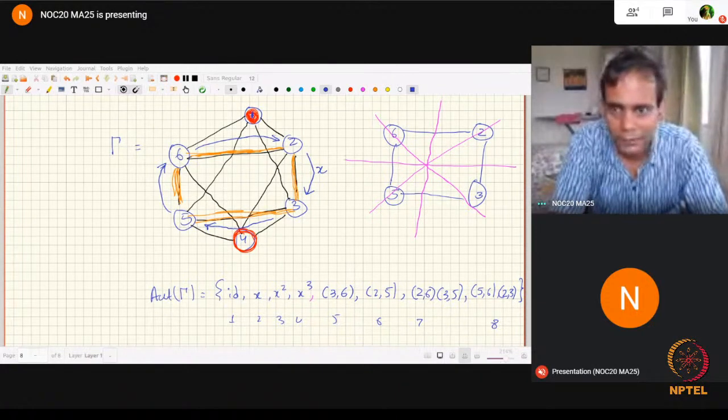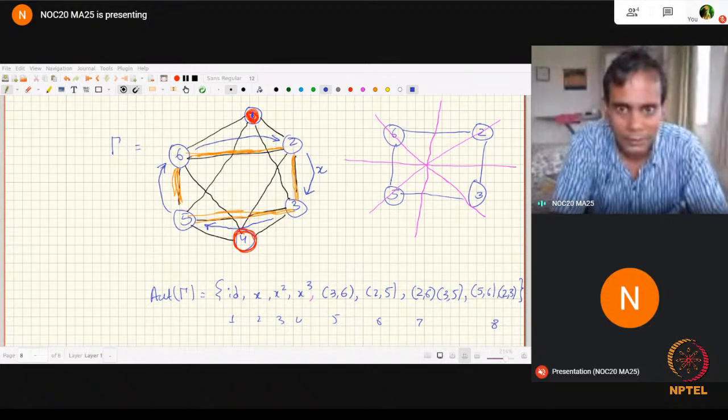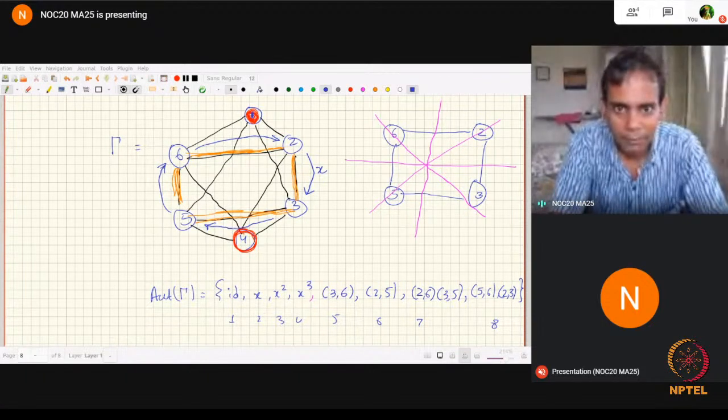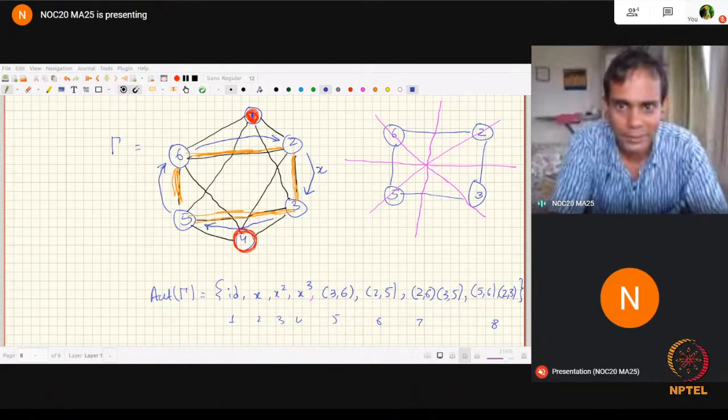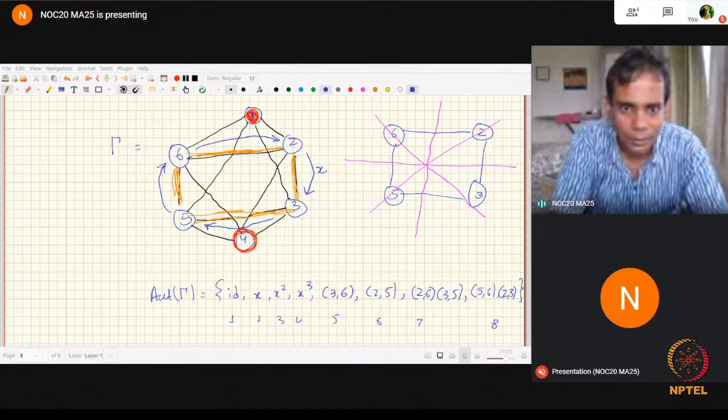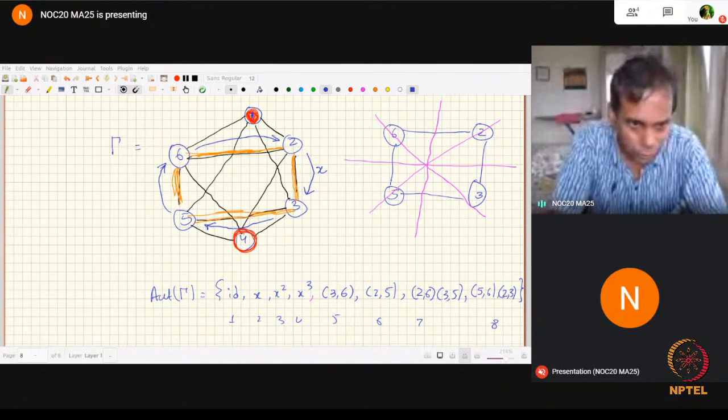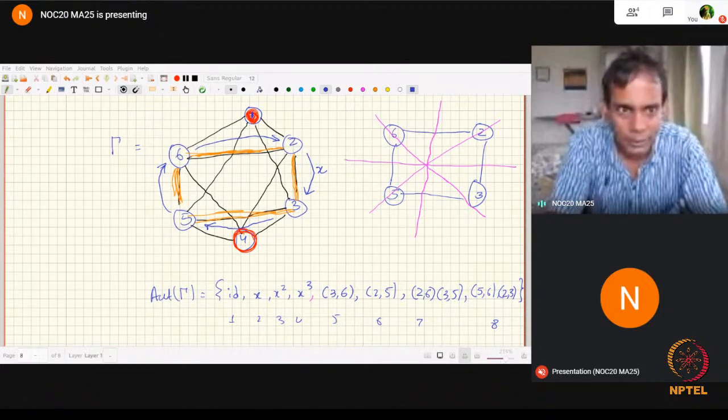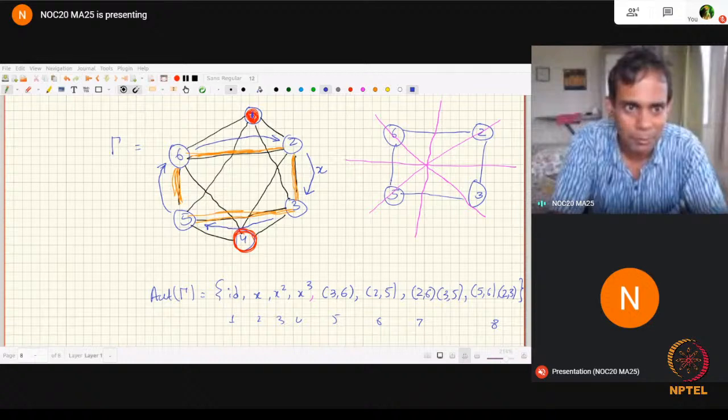What is S here? S3 is the automorphism group of a triangle, so I don't know if that's what you're referring to. So I'm not sure what the question is that Chandan is asking. Maybe you can try to clarify again.